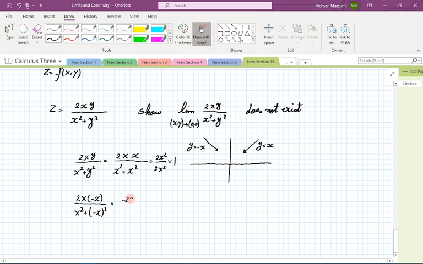So this is minus 2x squared over 2x squared, and now I get minus 1. So along this I am approaching 1, along that I am approaching minus 1, and the fact that these two limits are different means we can claim that the limit does not exist.